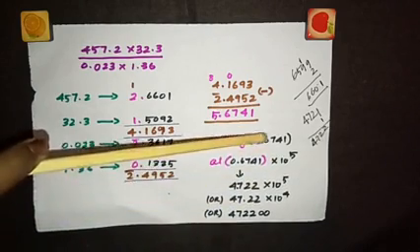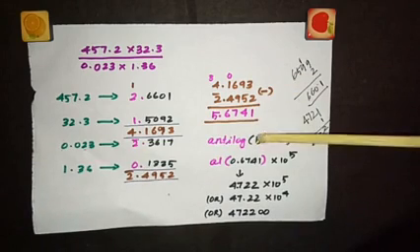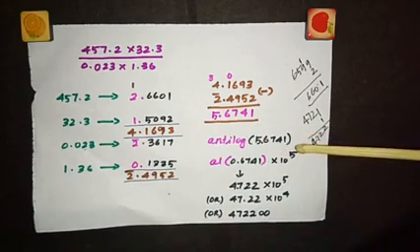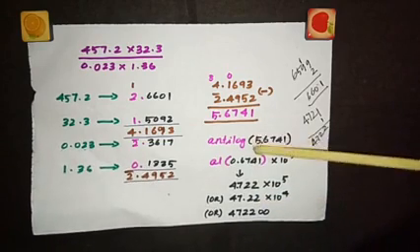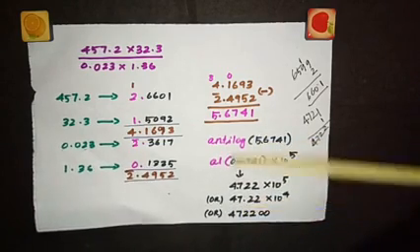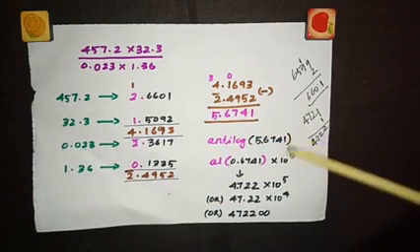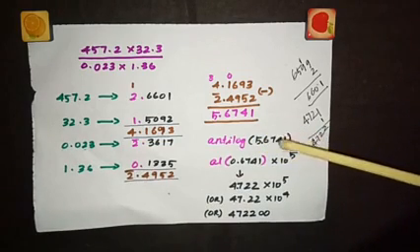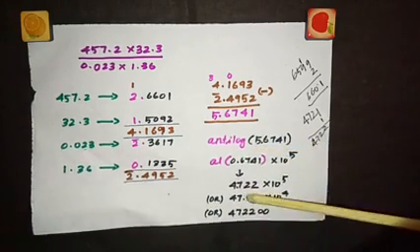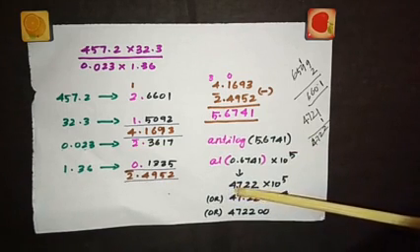So remember, while taking anti-log, don't take this number to the table. Only this value you look into the anti-log table, write the values and use this number to place the decimal. So to avoid confusion, we usually take this number in the power of 10 to the power 5 and consider here as 0. So whenever you place the decimal to the anti-log value, it will be after 1 digit, like this.